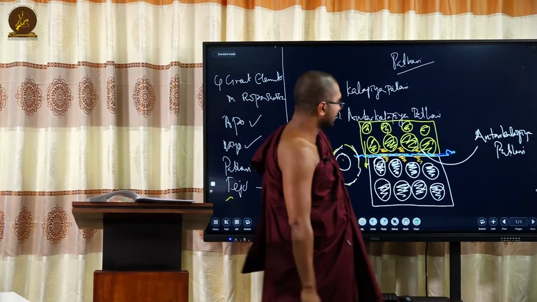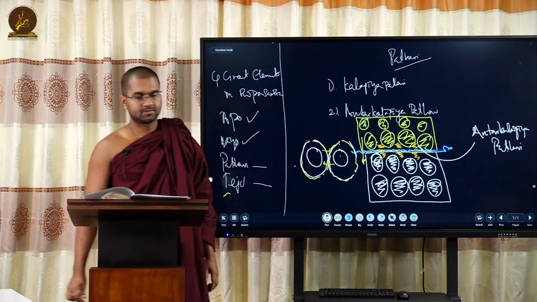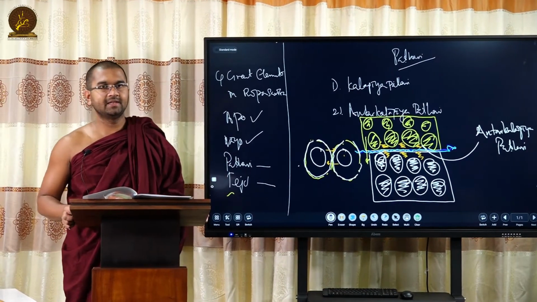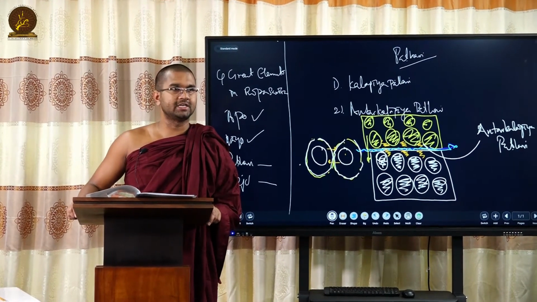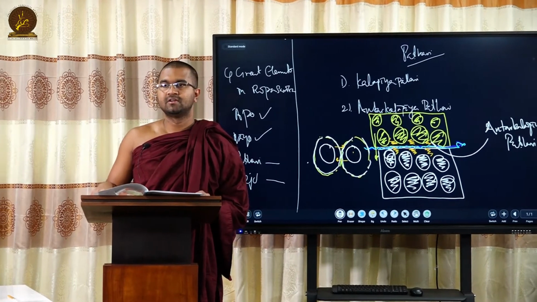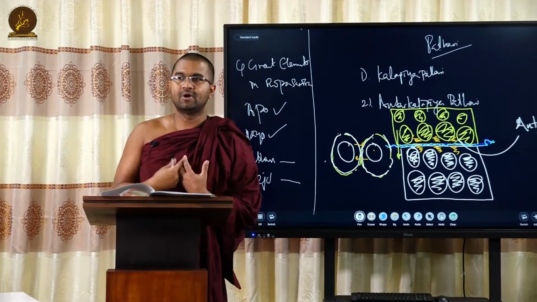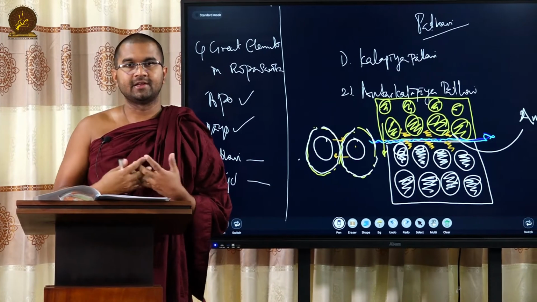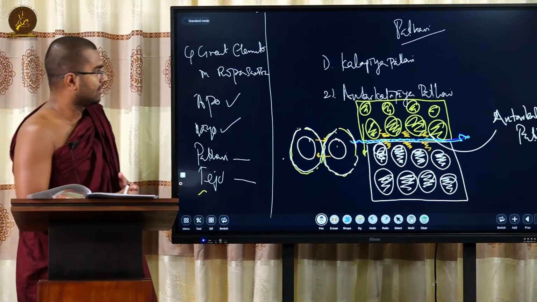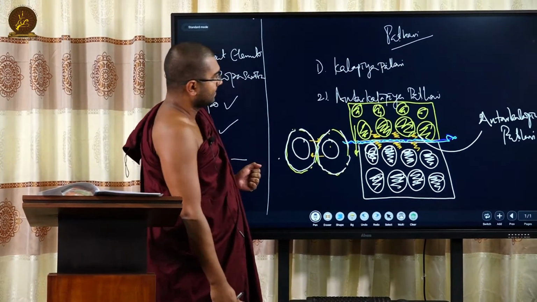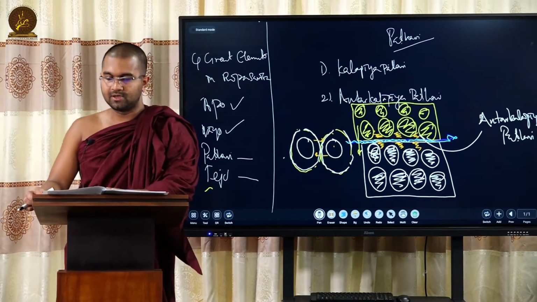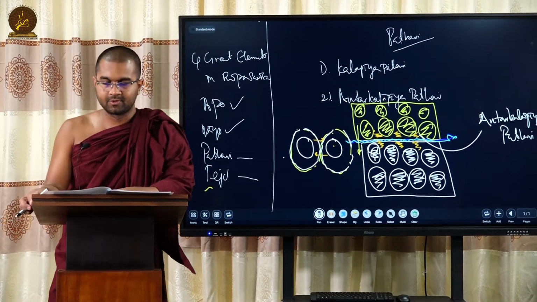That is the main quality which is responsible for preventing one substance from entering into the other's space. Right? So what are the proofs for this?